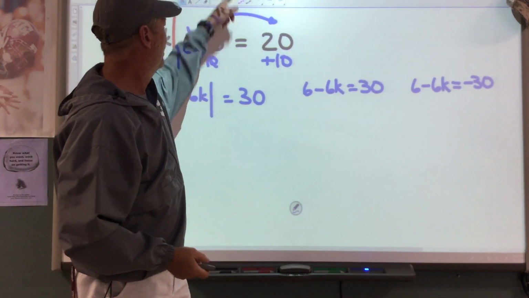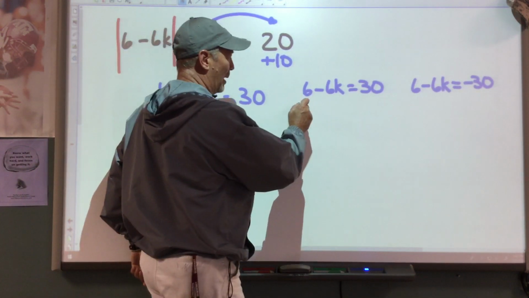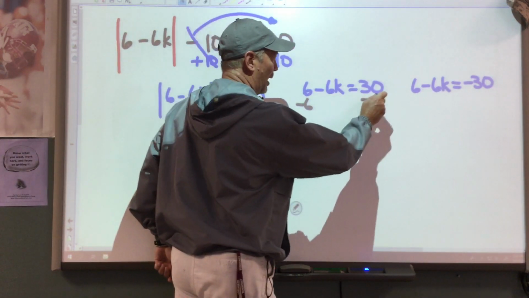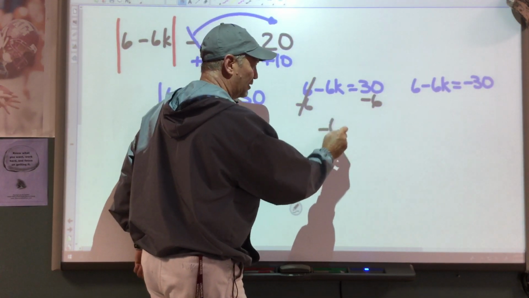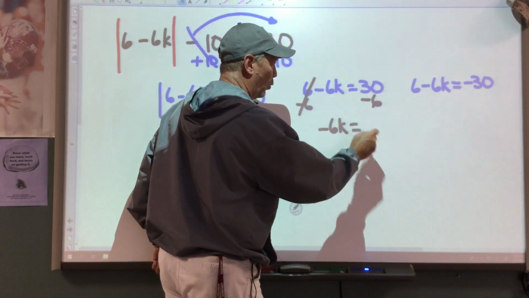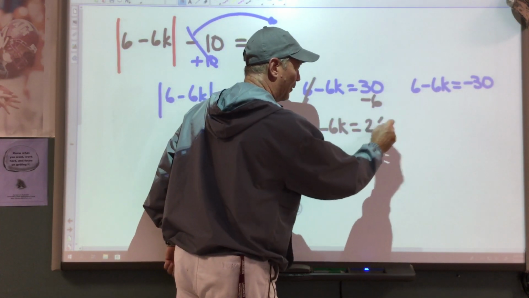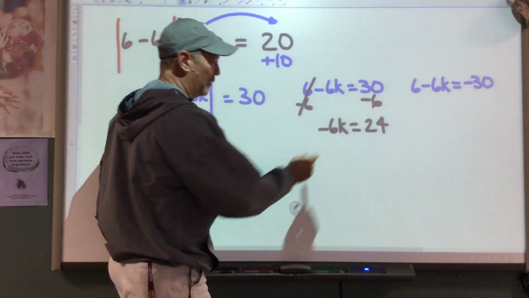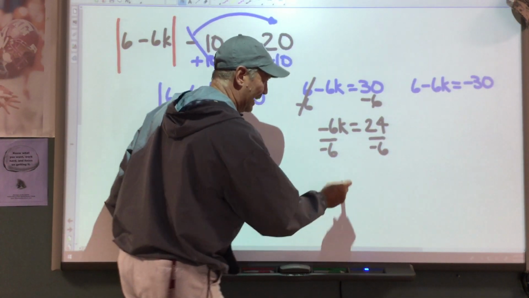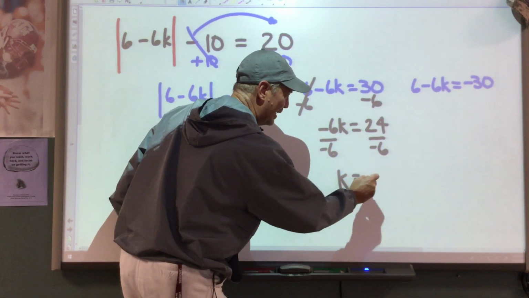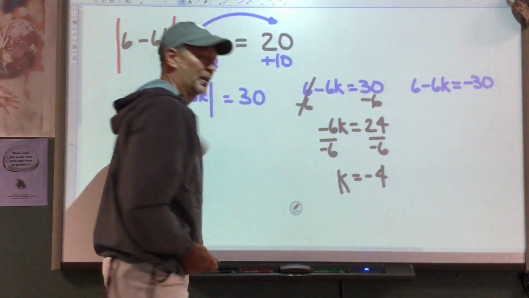We'll do the math. We're going to go minus 6 minus 6. This will cancel. Negative 6k equals 24. We divide by negative 6, divide by negative 6, k equals a negative 4.